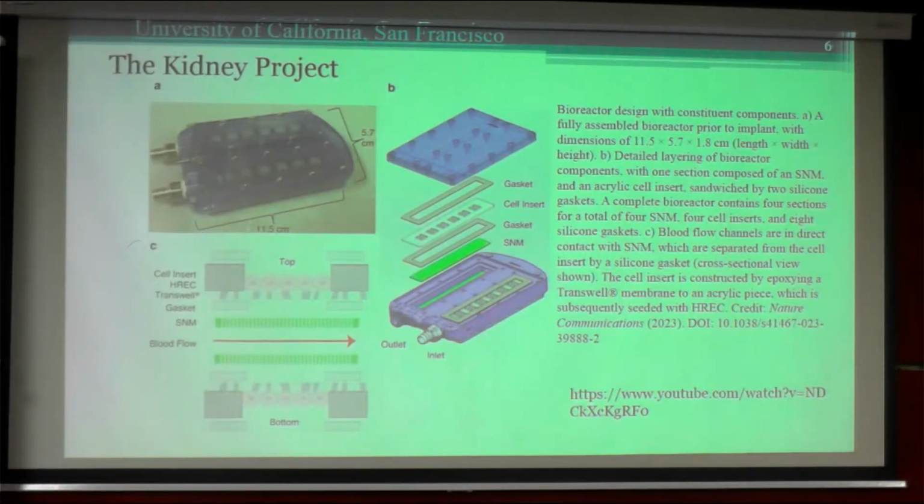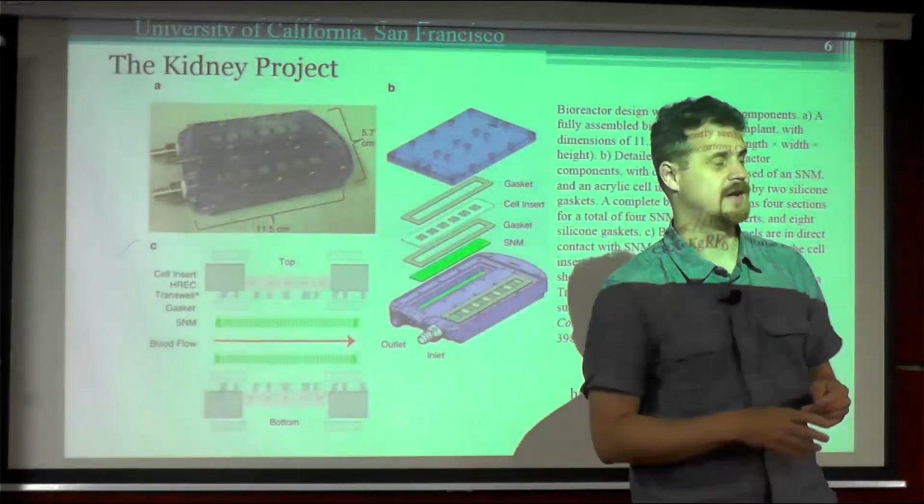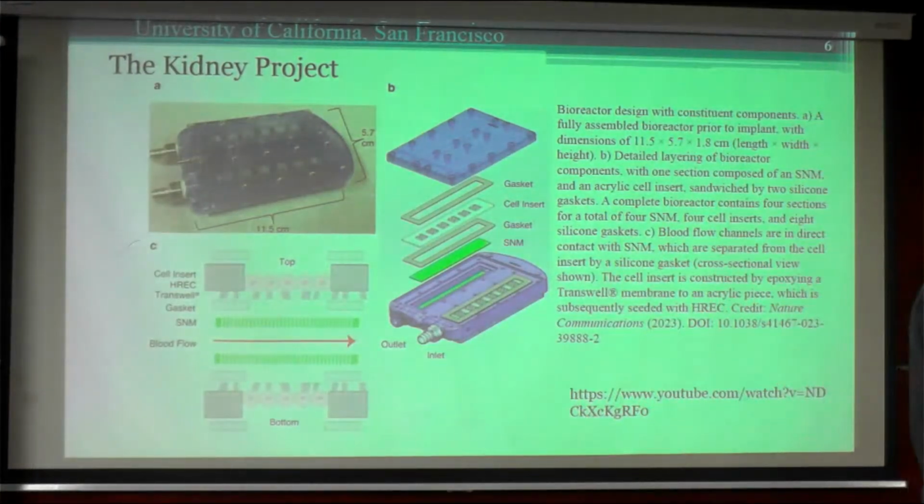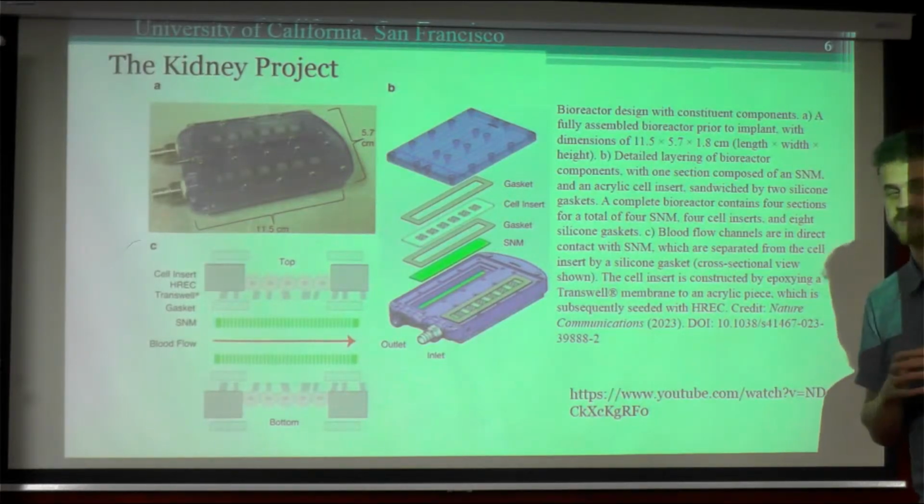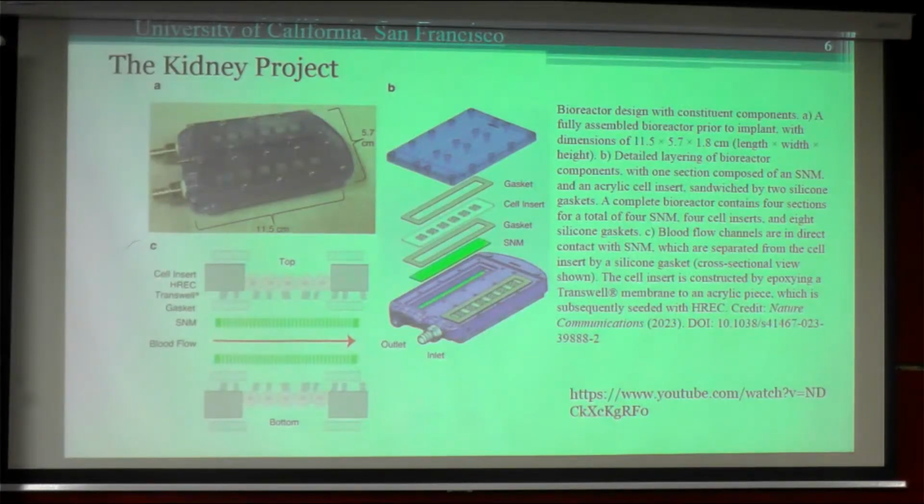Right now, we're talking about one of the most prominent projects within this particular topic. It's the Kidney Project that is developed in San Francisco right now, and it utilizes biotechnology as the main tool to achieve the major function of the reabsorption of nutrients and water.